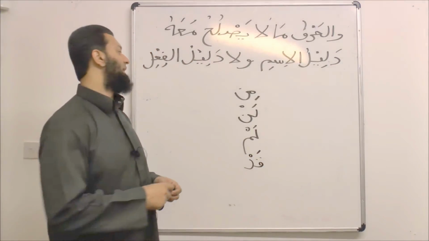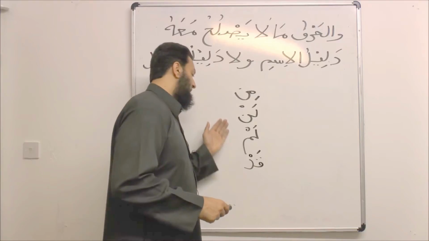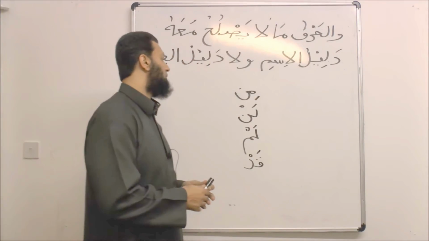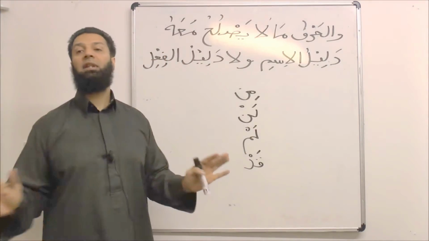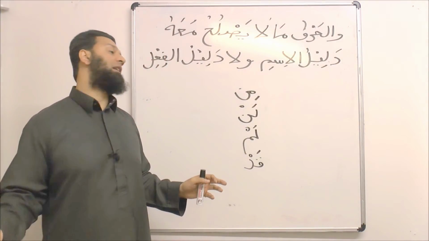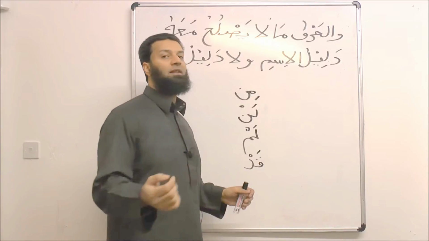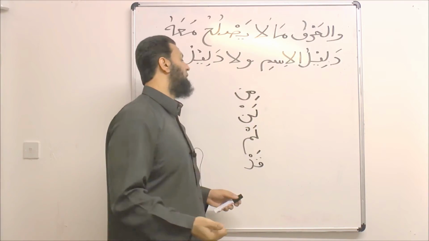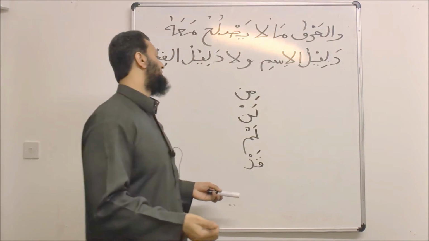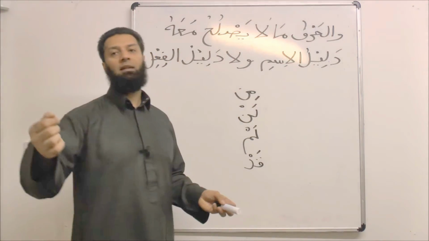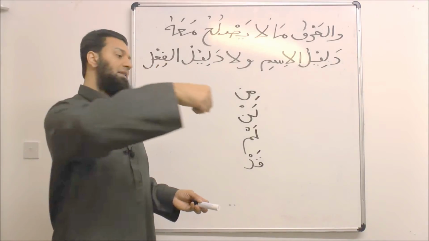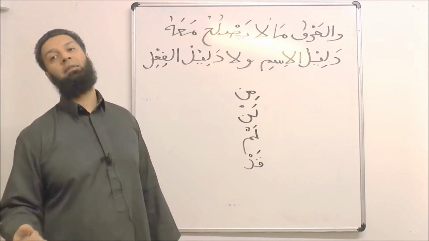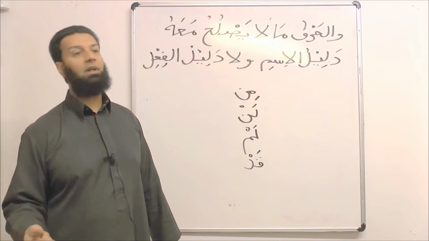The point is therefore that these four examples of huruf do not have any of the indicators and cannot assume any of the indicators of either al-ismu or al-fi'lu. What does that mean? It means that the first example, فَالْإِسْمُ يُعْرَفُ بِالْخَفْضِ, right?